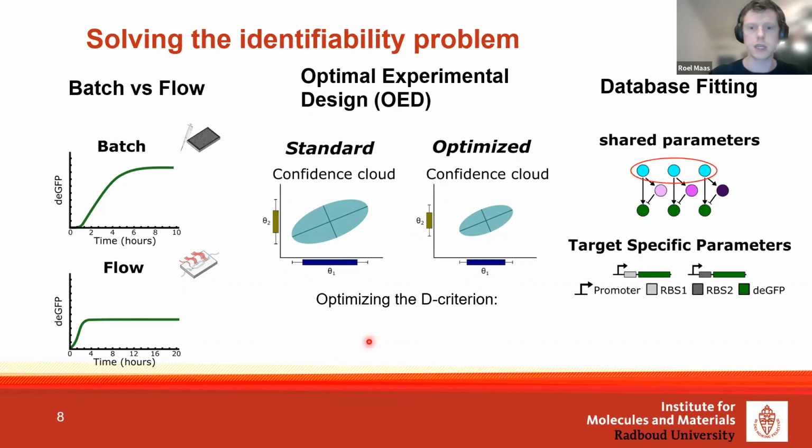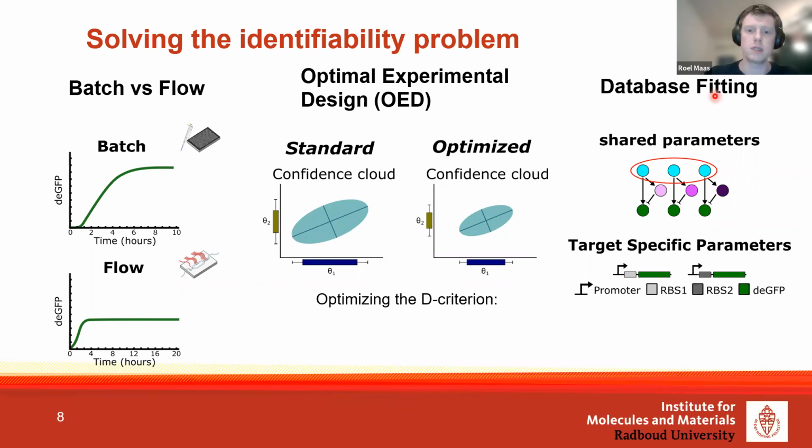And last but not least, you can also use a technique we call database fitting, where usually you take one system, you have a couple of experiments, but you fit one model to one system. This usually results in biasing the parameters of this model towards that system.